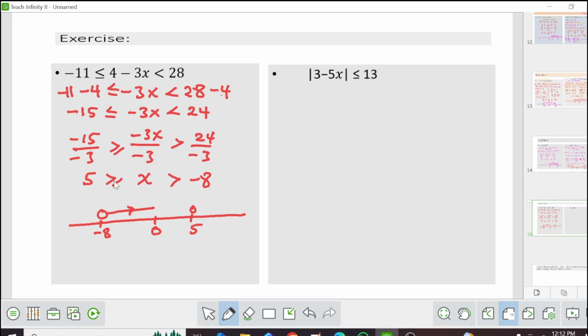Then x is less than or equal to 5, which means this place will be shaded, so you come to the left. Then you put your x here. So the part between the two values is the answer to the inequality.